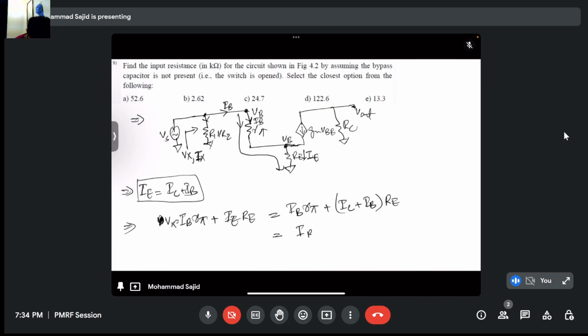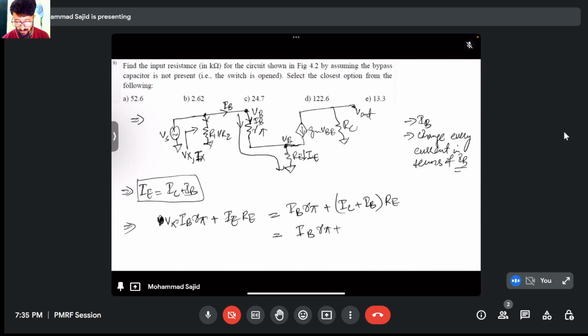using the formula I can write IC in form of IB. Since our dealing has to be with IB, we change every current in terms of IB. If I had to find output resistance, I would change every component in terms of IC, right?